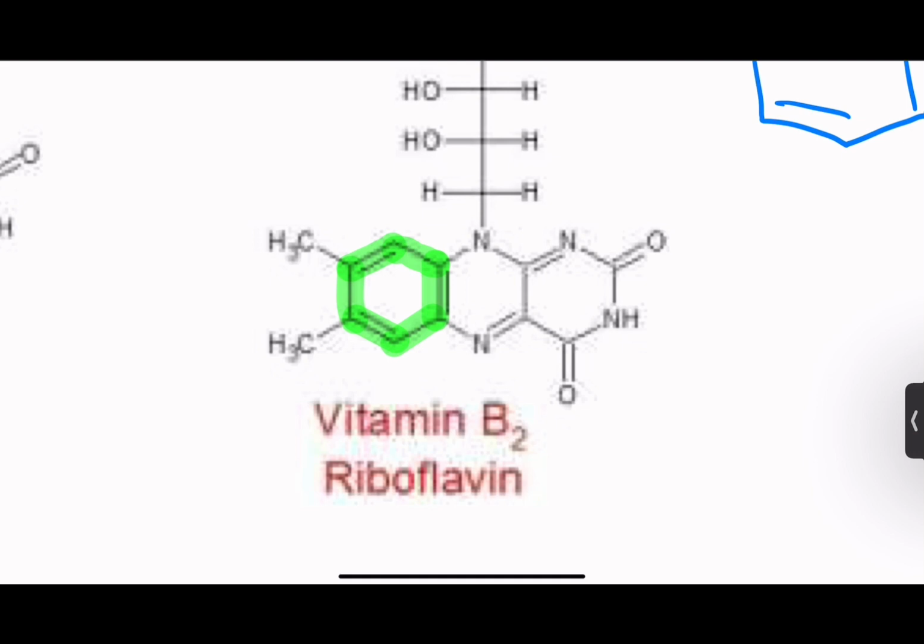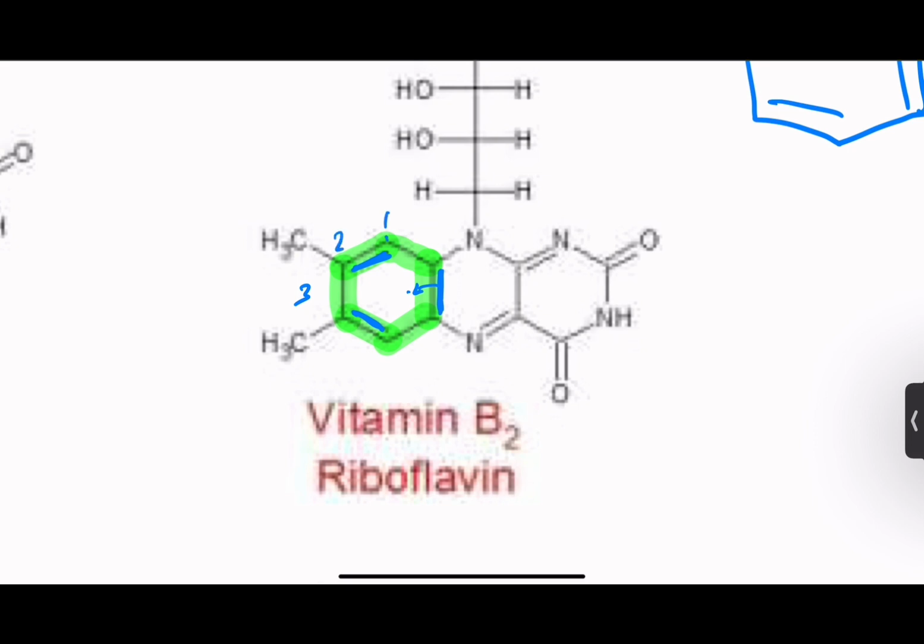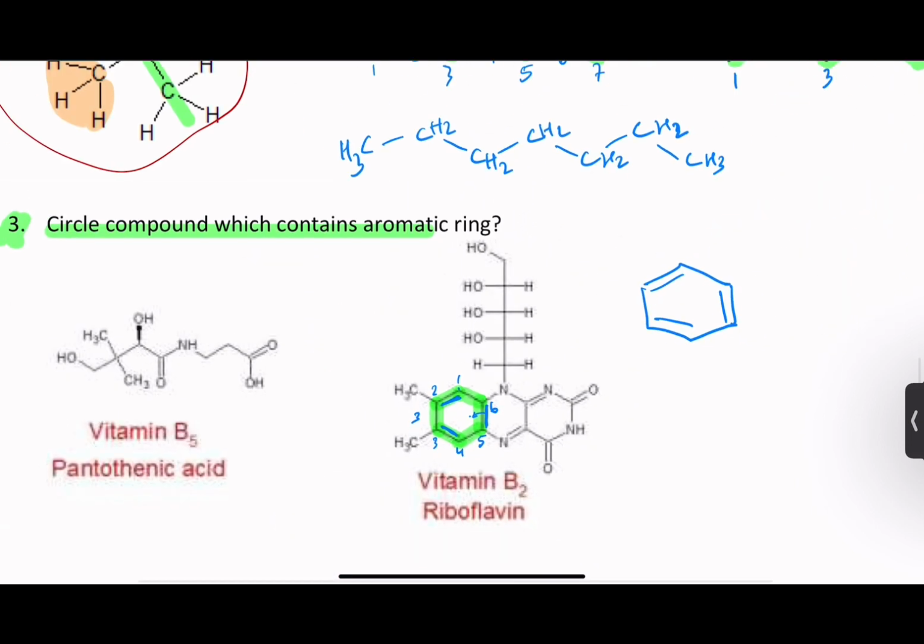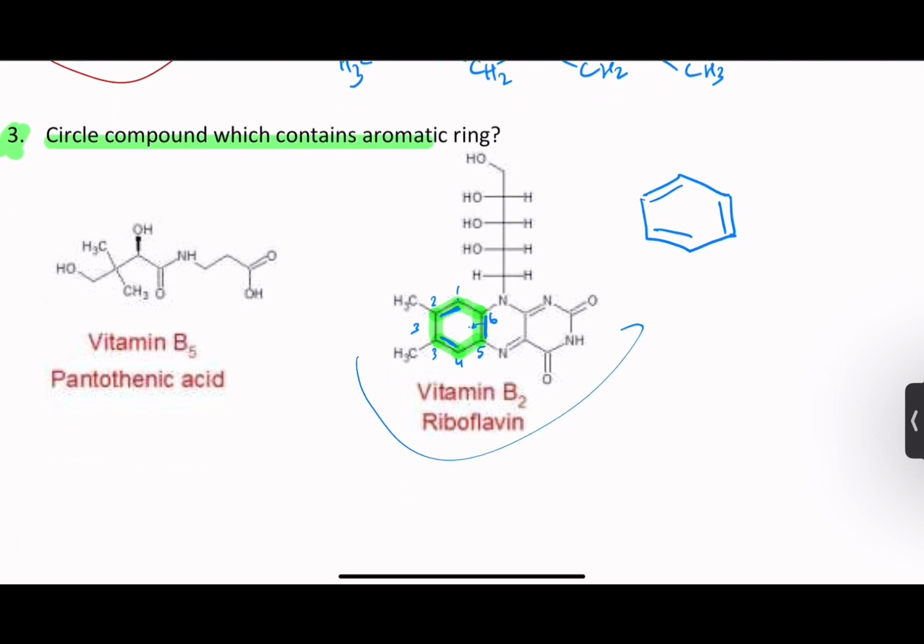And the double bonds, I got 1 double bond here and 1 double bond here and 1 double bond on this side, but it's pretty much the same thing, whether being on this side or this side, it doesn't matter. So I got 3 double bonds and 6 carbons. 1, 2, 3, 4, 5, 6 carbons. So this is the guy that has an aromatic ring.